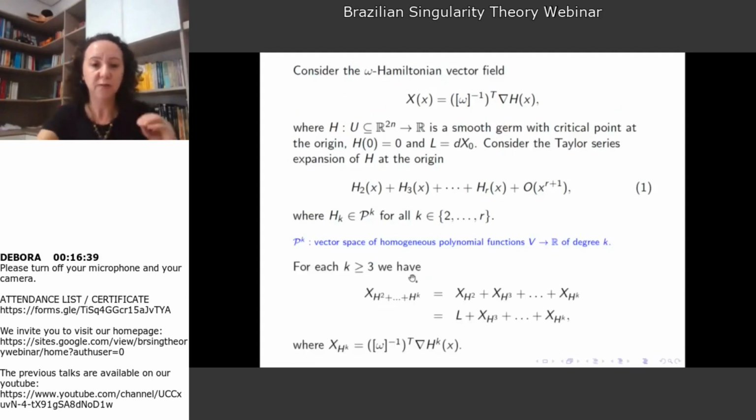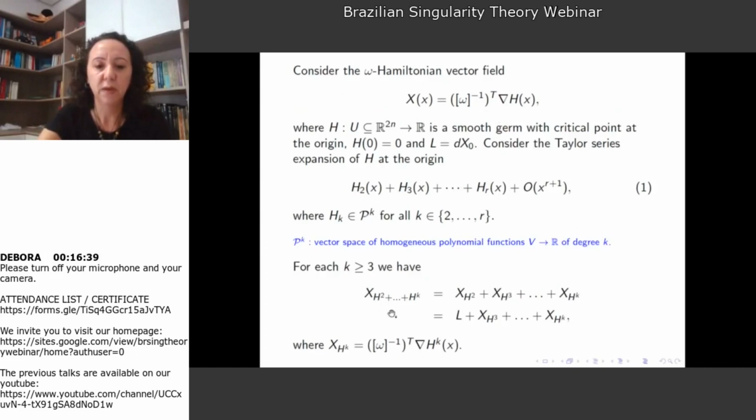And when we associate to this polynomial part the vector field associated to H_2 plus H_k, it's possible to prove that we have a Hamiltonian function associated to this homogeneous part. This notation X, when we put the function H_k here, means the matrix times the gradient of the function.